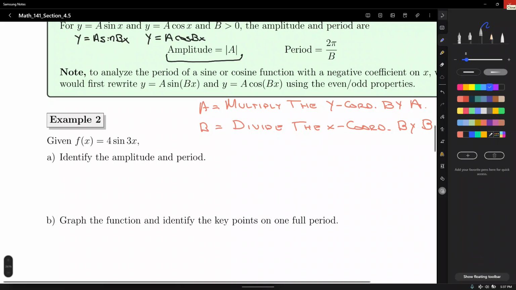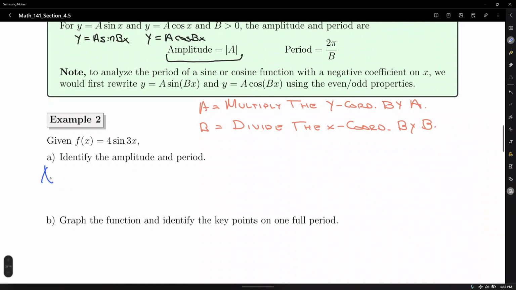Amplitude is found by taking the absolute value of a, where a equals 4, that is the absolute value of 4, which is positive 4. And for the period, p equals 2 pi over b, which equals 2 pi over the number 3. This means that the graph will complete one cycle in the interval 0 to 2 pi over 3.